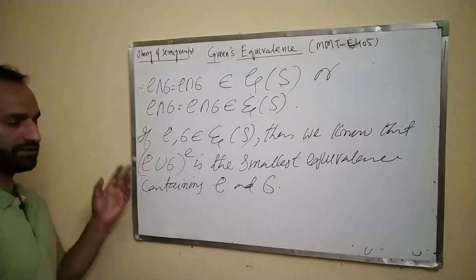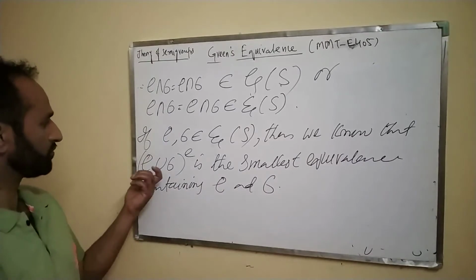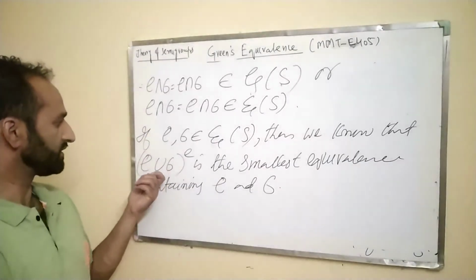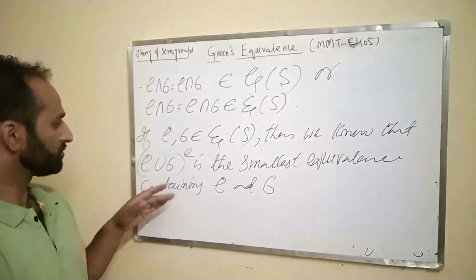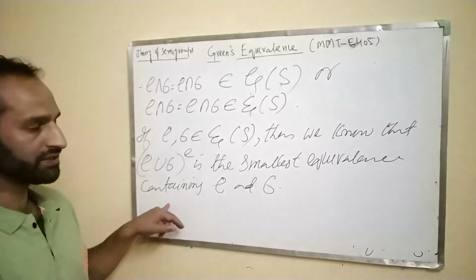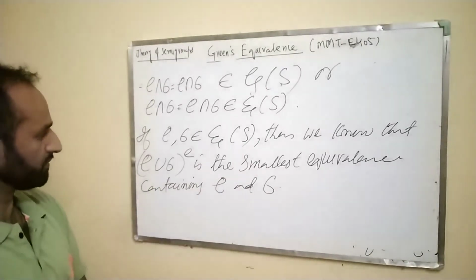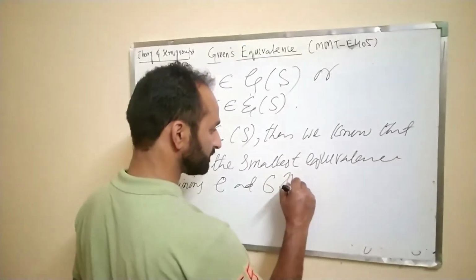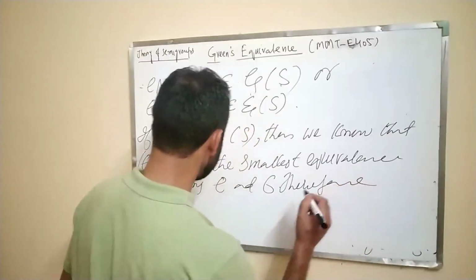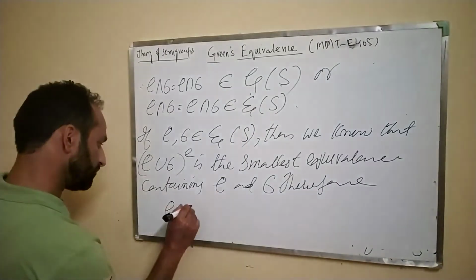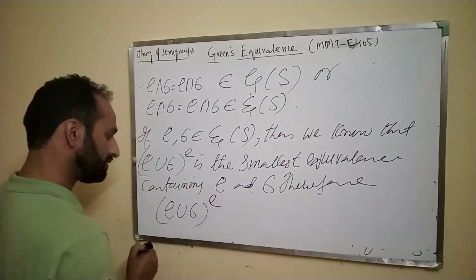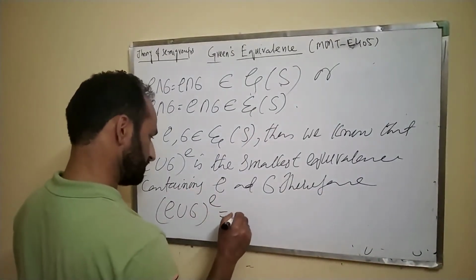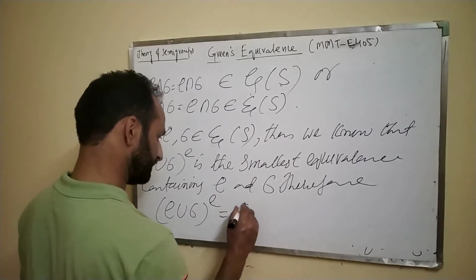This is already done actually. So it is the smallest one containing rho and sigma, and therefore it's actually the least upper bound.